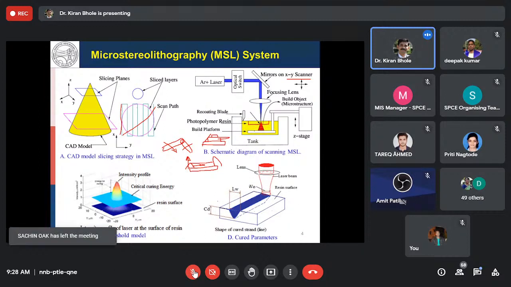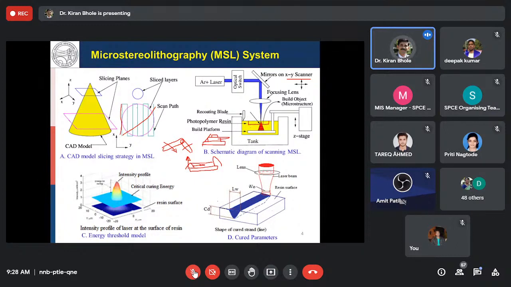and the build platform. What I told you, when we dip this platform and the viscosity of the resin is very high, it is not going to flow very easily onto the platform. That type of problem is not seen in the constant surface technique, as the platform is within the surface and dipping within the surface.